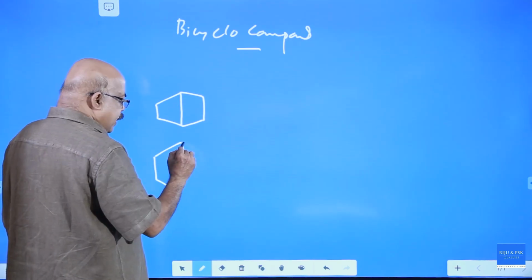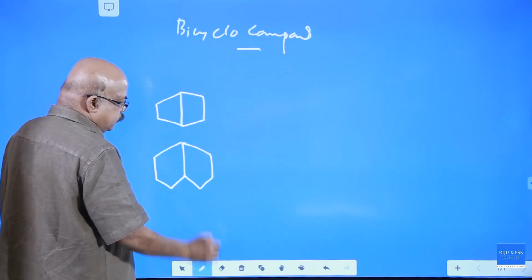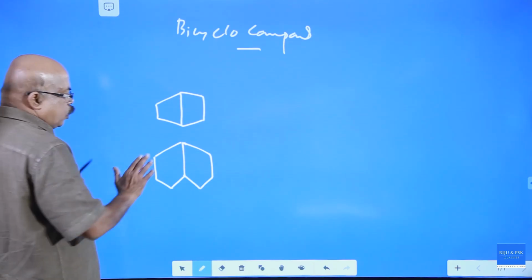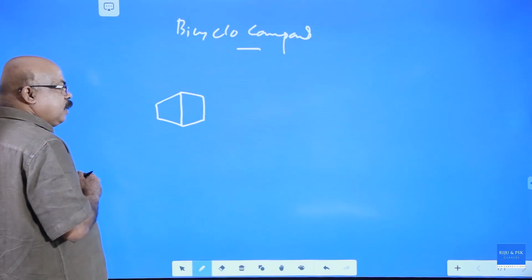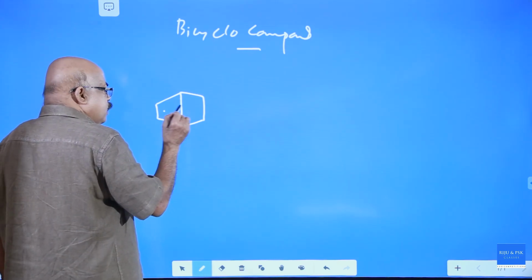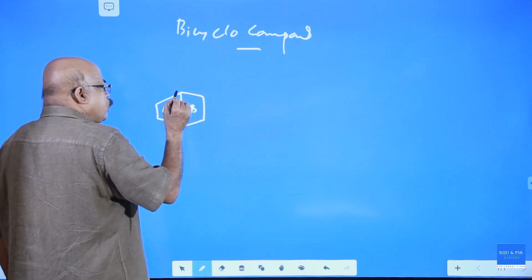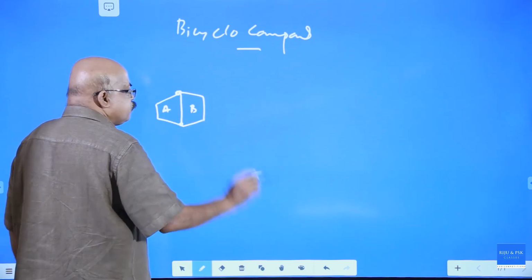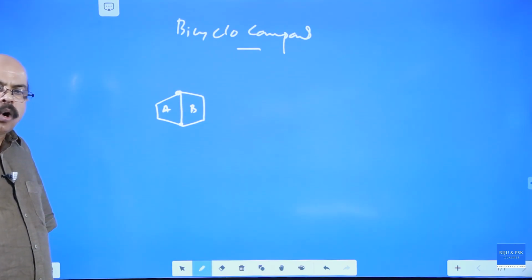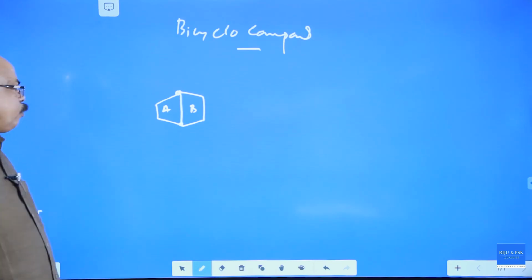Here two rings are fused together, bonded together. This is a ring, A is a ring, B is another ring, both rings having two common carbons. If two rings in the molecule have two common carbon atoms, then such a molecule is called a bicyclic compound.